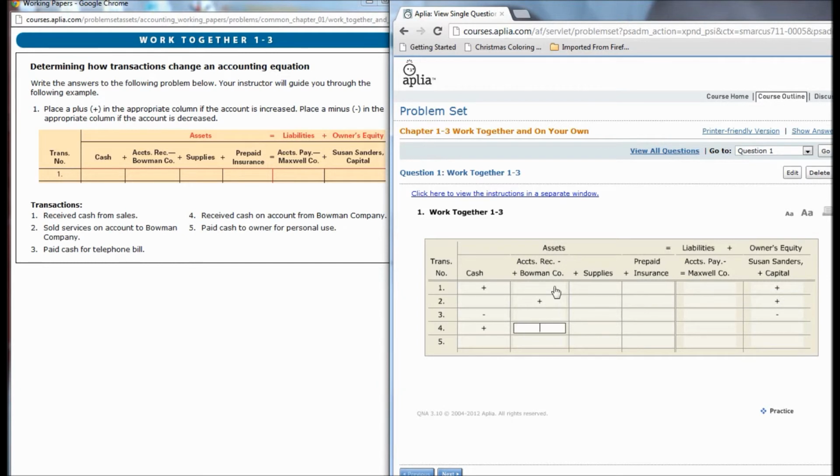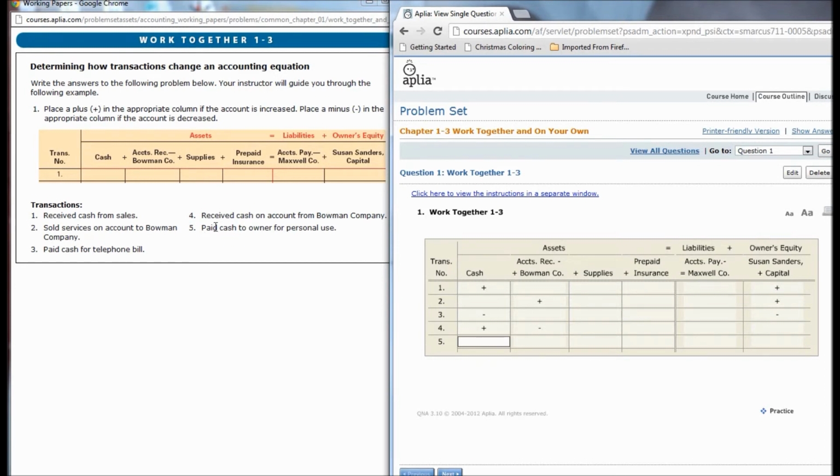So if they're paying me and they don't owe me anymore, then their account has to go down. So we put a minus there. Now again, I'm not going over the equal sign here. So I have a plus and a minus, they cancel each other out, and so my assets still equal liabilities plus owner's equity. A reminder, when we do transactions, 2 accounts have to be affected.